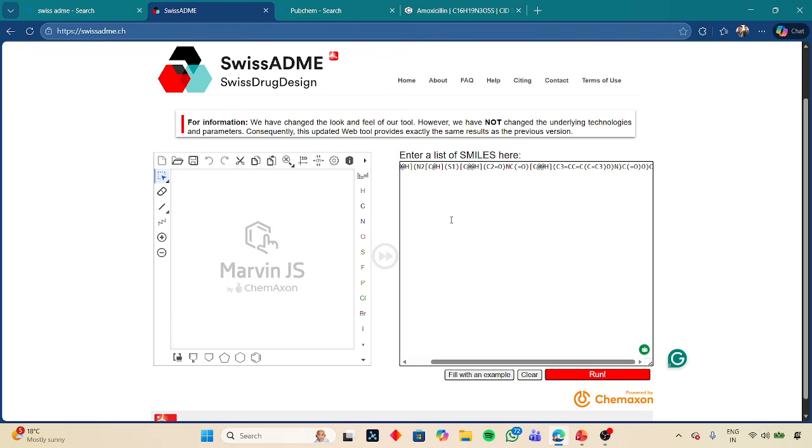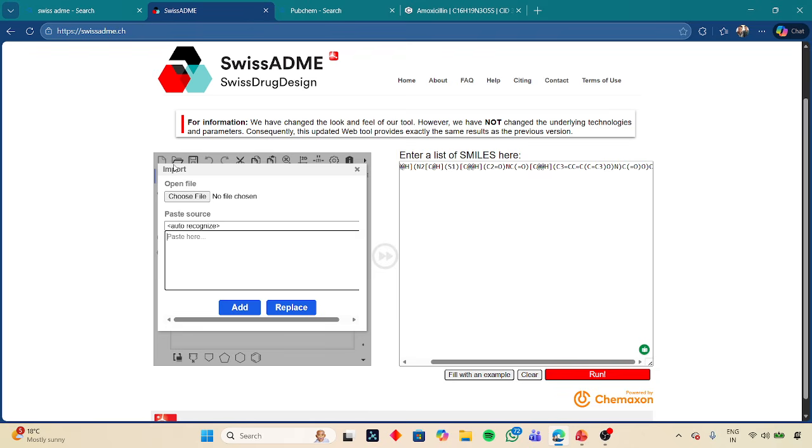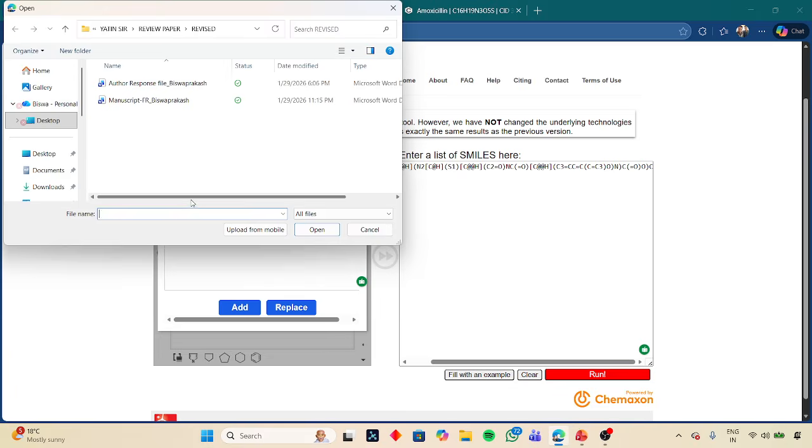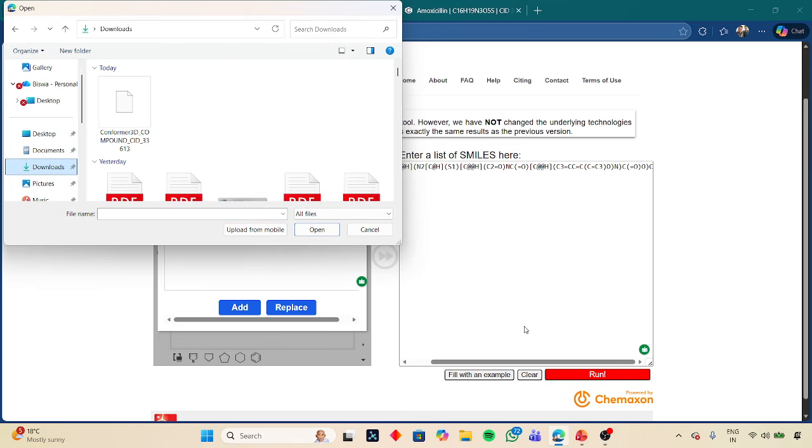In that case, you have to draw your ligand molecule using ChemSketch or ChemDraw, then save it into the SDF file format. As we have downloaded the drug molecule, we can also open it in here.